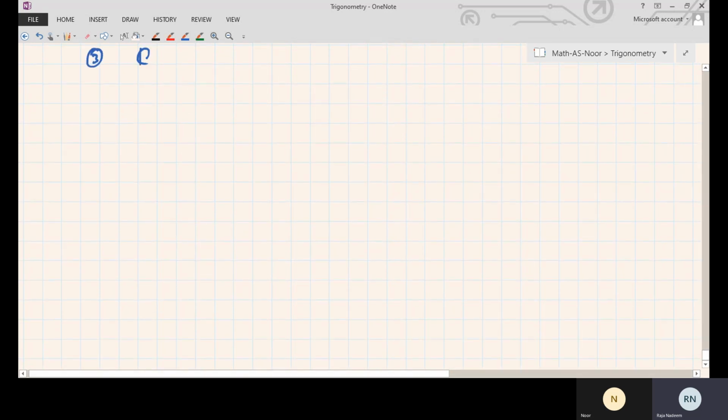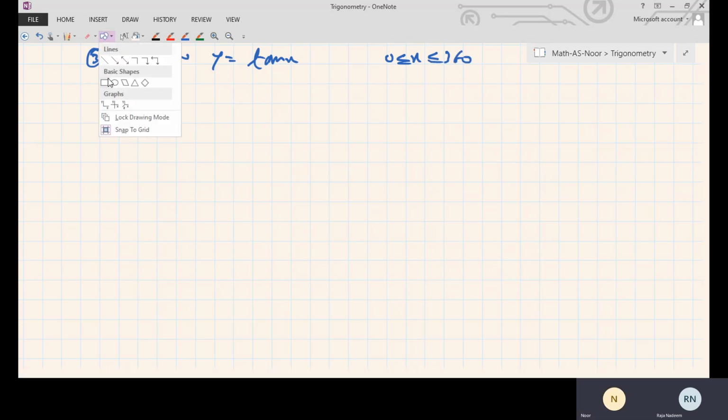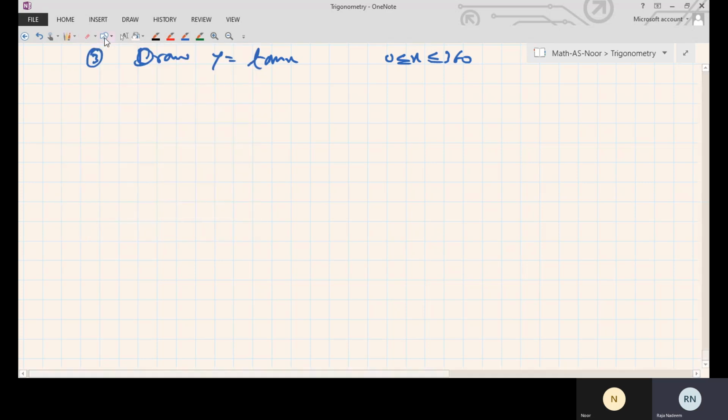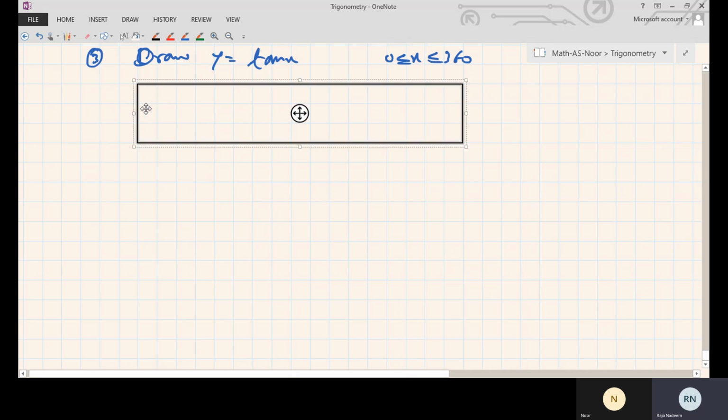The third graph is, I'll write, draw y is equal to tan of x, and I'm considering the domain between 0 to 360. Okay, x, and this is tan of x.